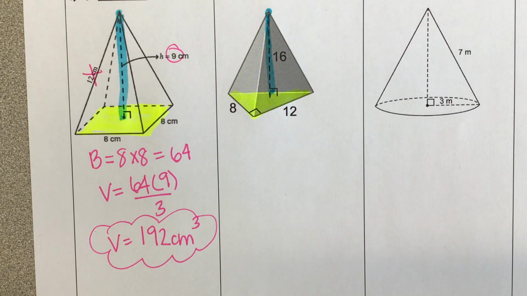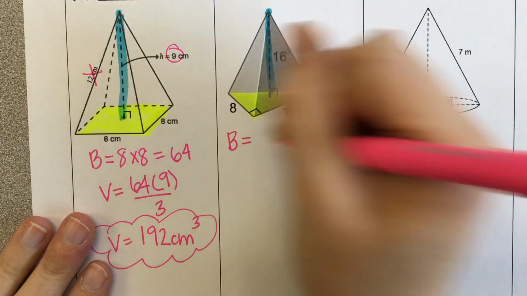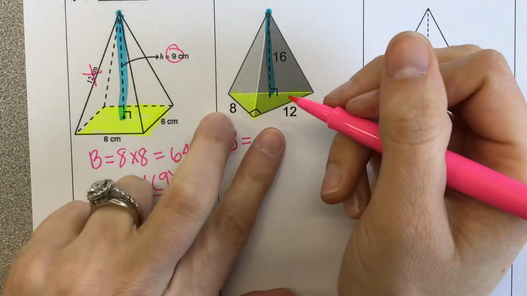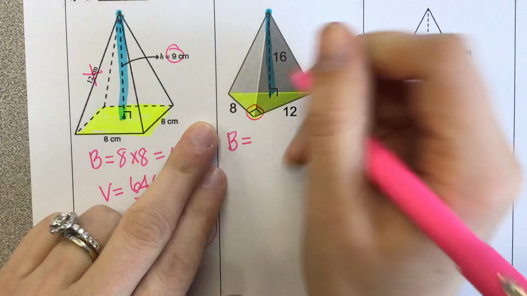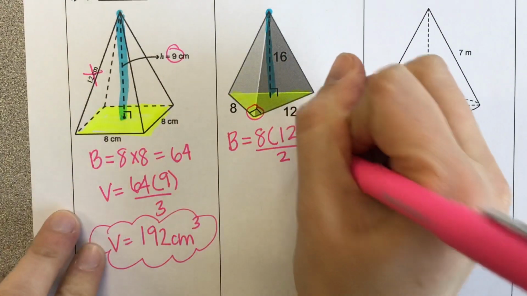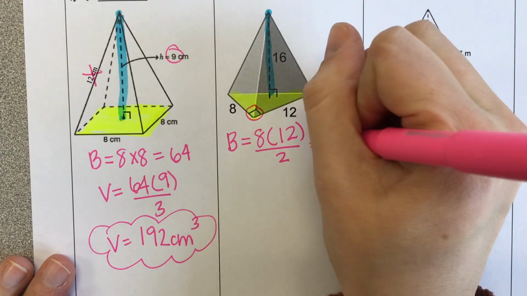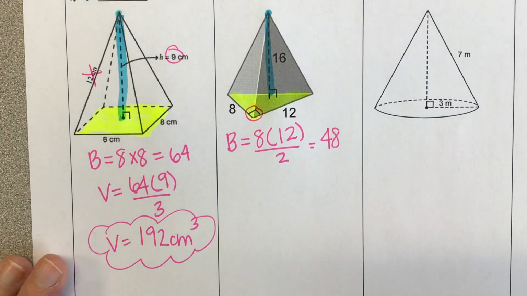So I'm going to find the area of my base first, remembering that it's a triangle, so I need to divide by 2. So my sides that connect at the 90-degree angle are 8 and 12 divided by 2. So 8 times 12 is 96. Divide that by 2, and you get a base area of 48.